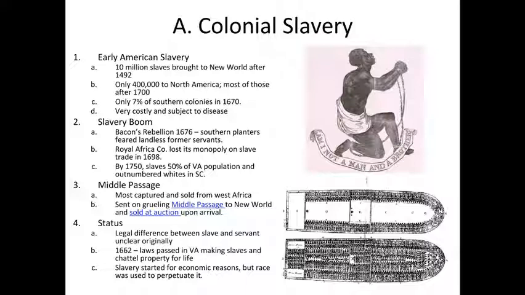But again, the economic reasons for slavery were the primary thing, because people were making money off of getting and harvesting cash crops in order to keep their economy going.